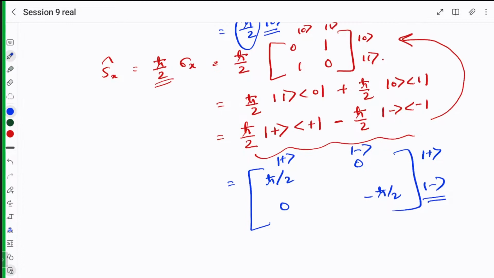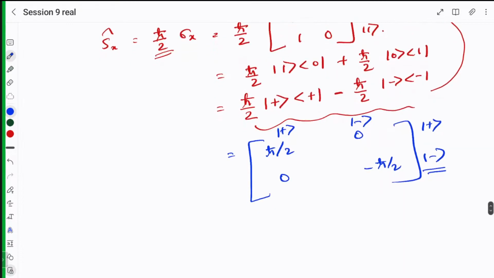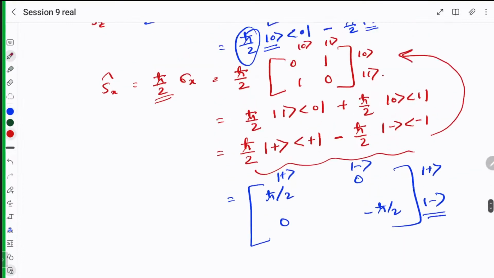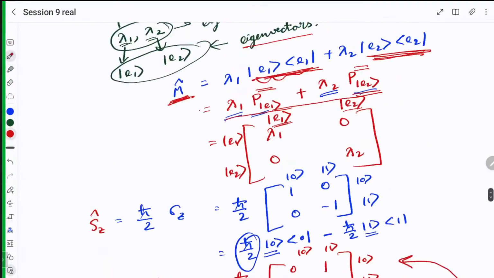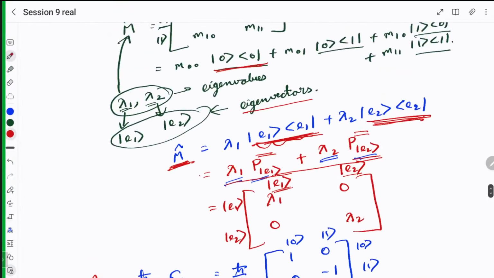If there's nothing, I would like to briefly mention that this representation is not only valid for some Hermitian matrix. If you take any matrix, you can decompose it like this, and this is known as the spectral decomposition, like writing a matrix in terms of its eigenvalues and eigenvectors.